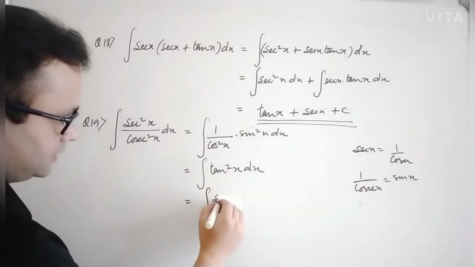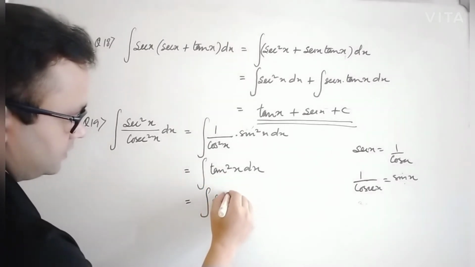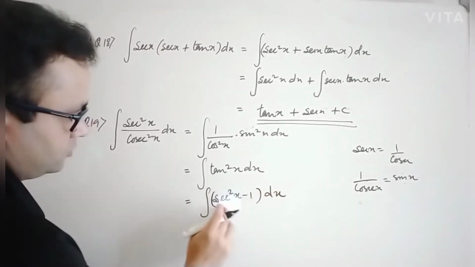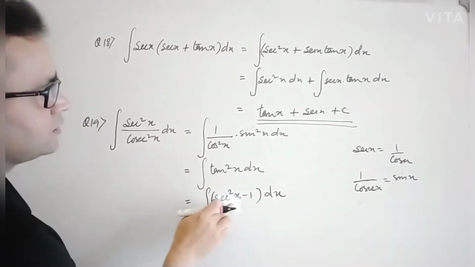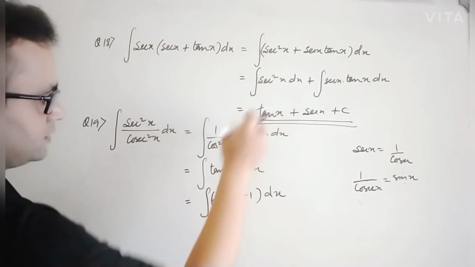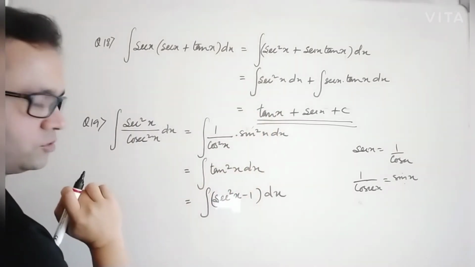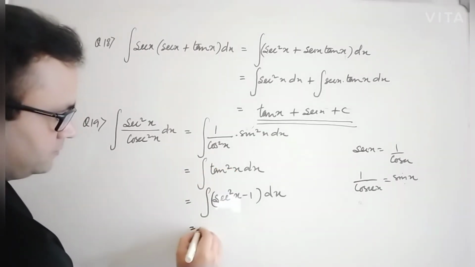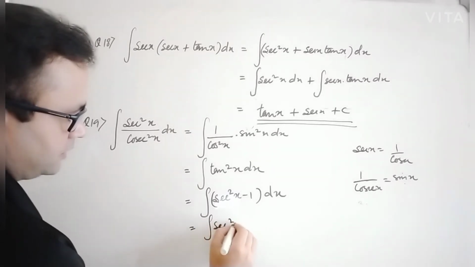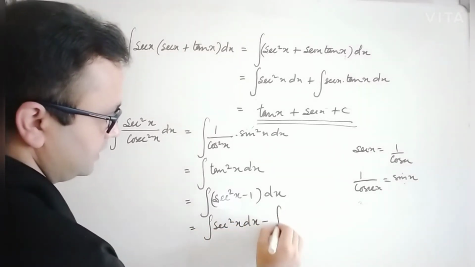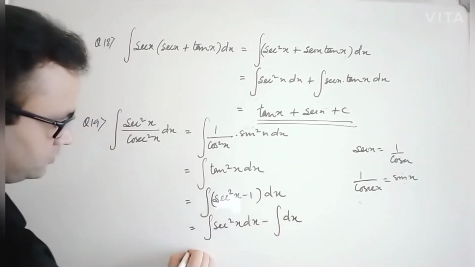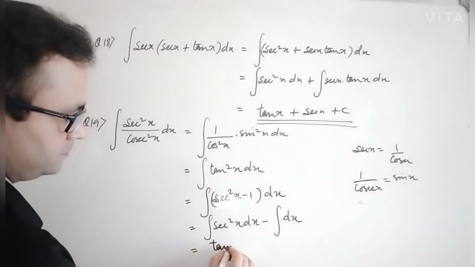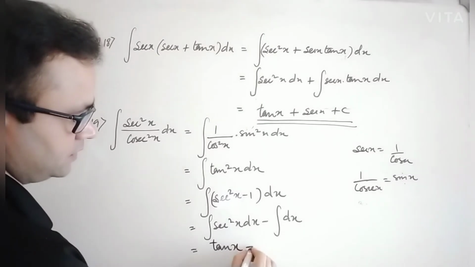Using the trigonometric identity, tan square x is sec square x minus 1, dx. Sec square is in integrable form, because the integration of sec square x is tan x, but the integration of tan square x is not possible directly. So now separate: the integration of sec square x dx minus the integration of dx. This equals tan x minus x plus c.